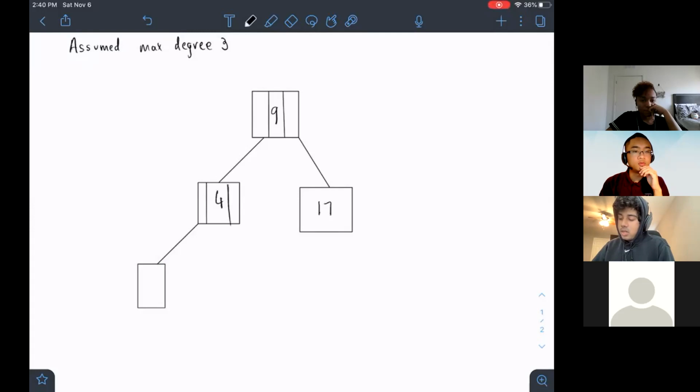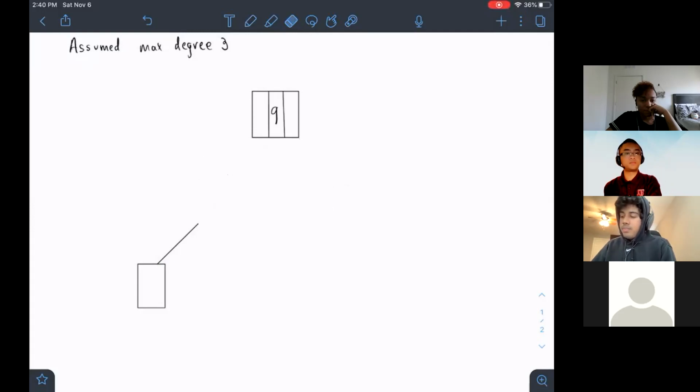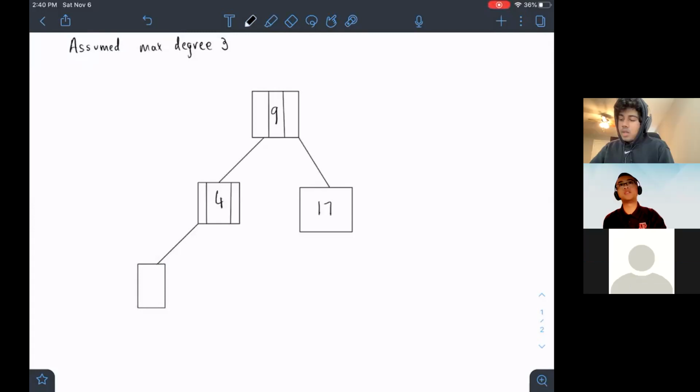I think 6 and 12, I think 4 and 17 should be part of the same node. Oh yeah, they should be. They wouldn't split up. But would it be to the right or the left of? Oh wait, no, never mind. I think they should be different because, yeah, 9.